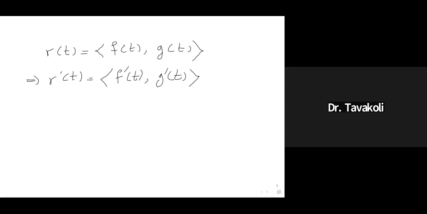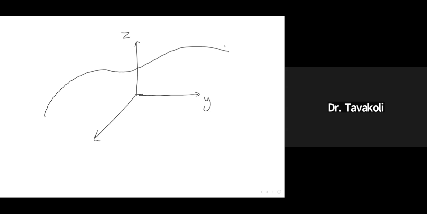From the geometric point of view, if in the space I have a curve, this could be two-dimensional or three-dimensional space, but we have a curve. Suppose this is the x-axis, y-axis, and z-axis. And I have a curve which is in this three-dimensional space. And this is r(t).